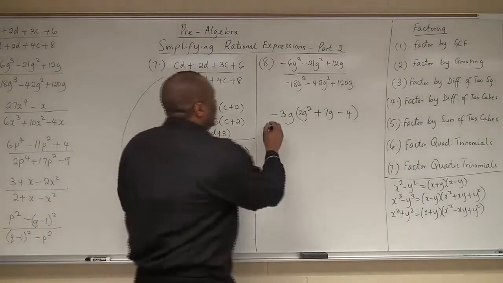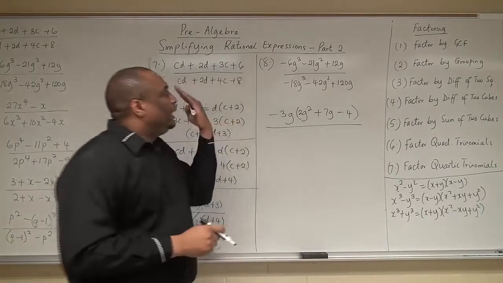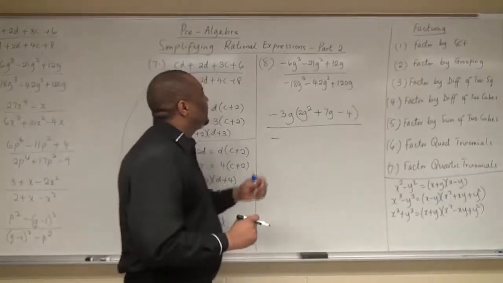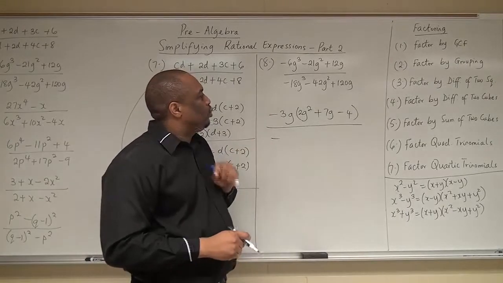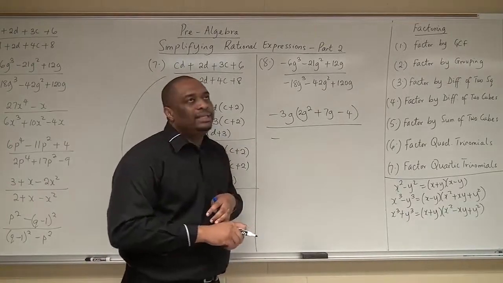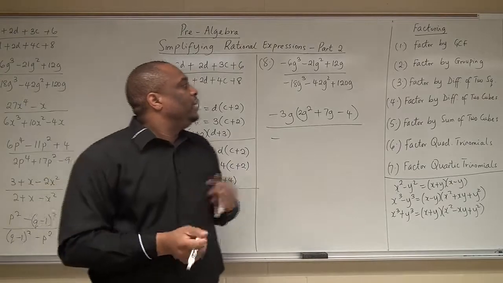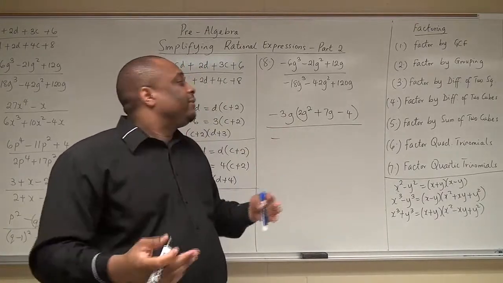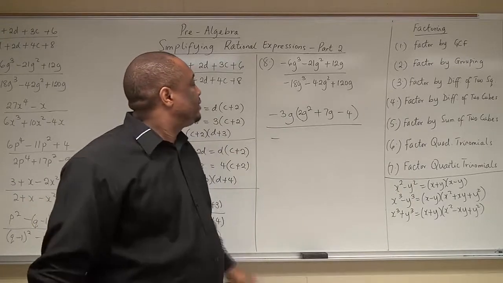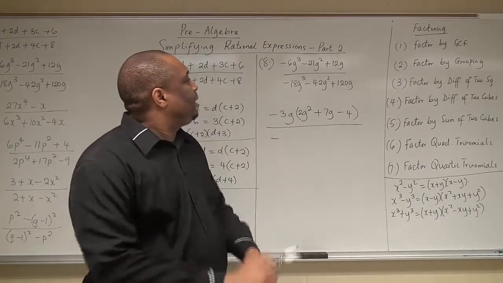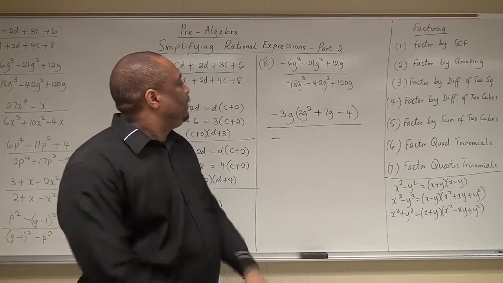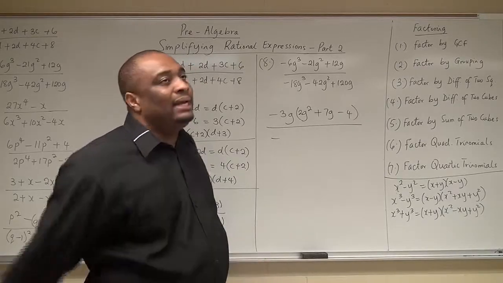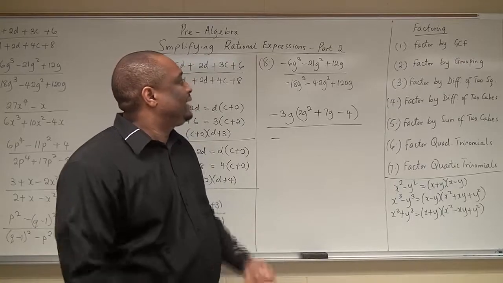All over, the denominator has a leading negative. We factor out the negative. 18, 42, 120. 2 is a common factor, but that's not the greatest common factor. 3 can be, but that's probably not the greatest.